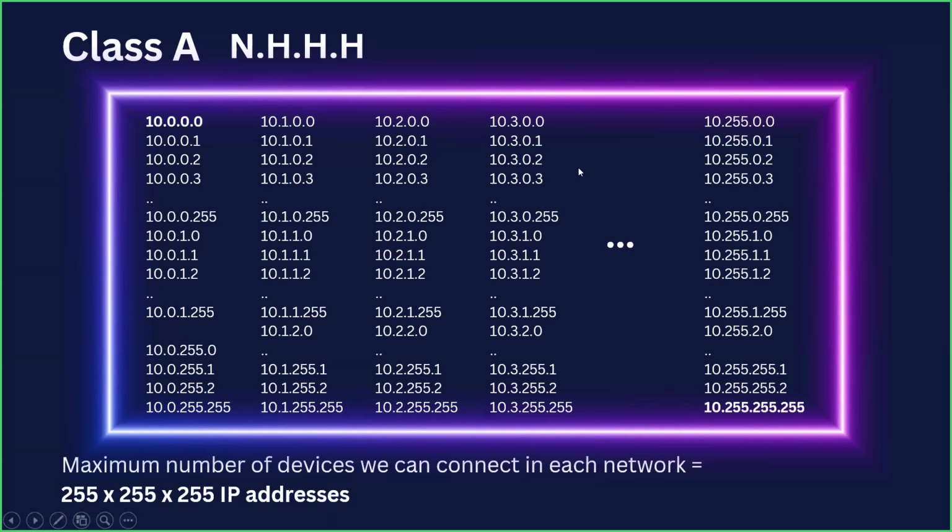So it's more than 65,000 devices. Practically speaking, you would never connect that many devices, but logically it at least gives you the possibility. So class C is only for 255 device connectivity, class B for 255 into 255, and class A for 255 into 255 into 255. The largest of all.